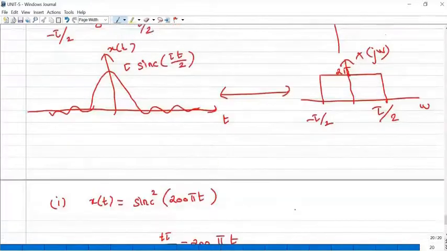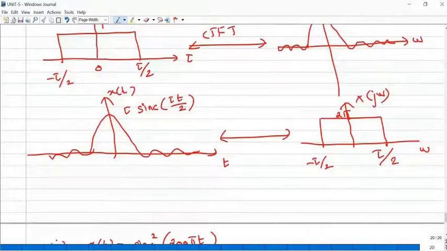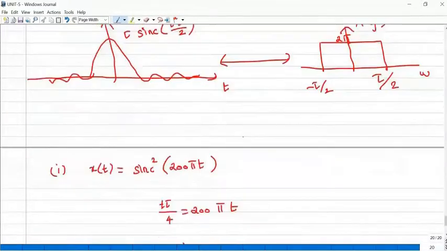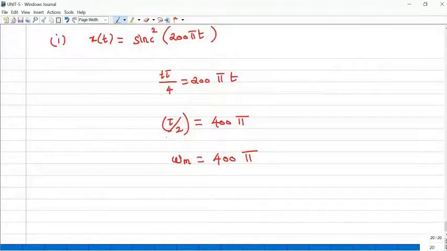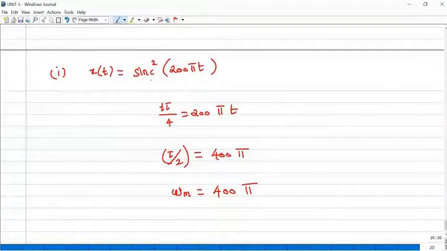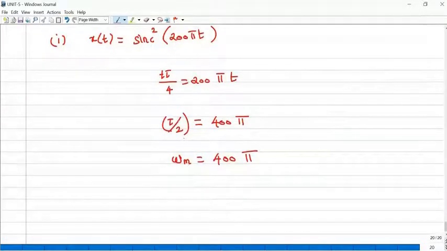Whenever the sinc pulse is given as sinc of t tau by 2, this tau by 2 is your omega m. For sinc square of something, t tau by 4 equals this value, and from this tau by 2 is your actual omega m.